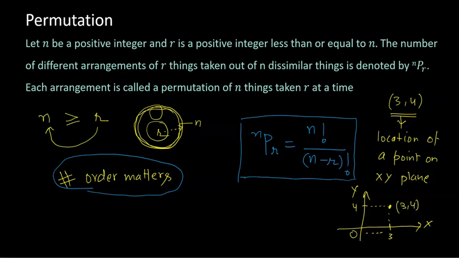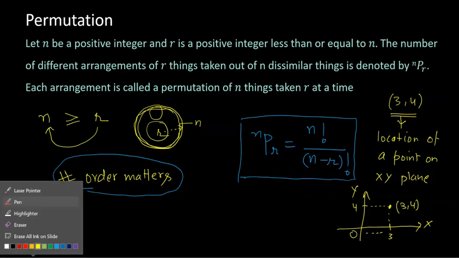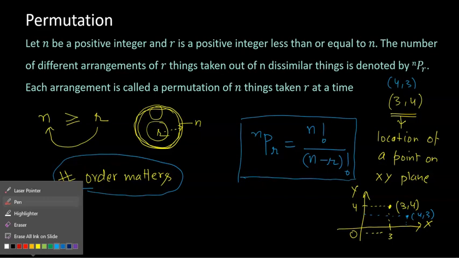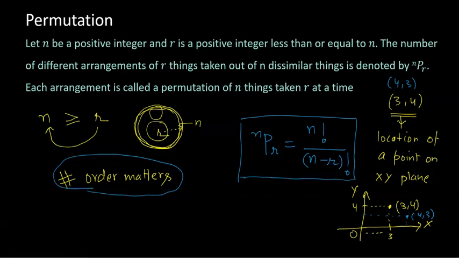Now if I reverse the order and write 4, 3, the only thing I've done is change the order. Now it is different, because 4 is somewhere here and 3 is somewhere here, and this is a new point, (4, 3). So this ordered pair represents a point in the plane, and the order matters, that is, what is coming first and what is coming later. These kinds of problems are called problems of permutation.